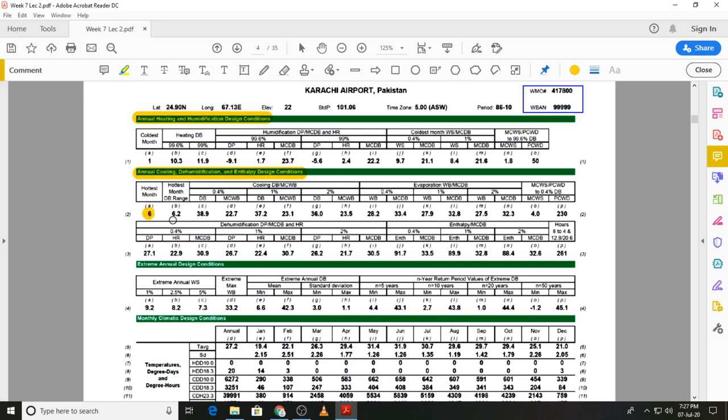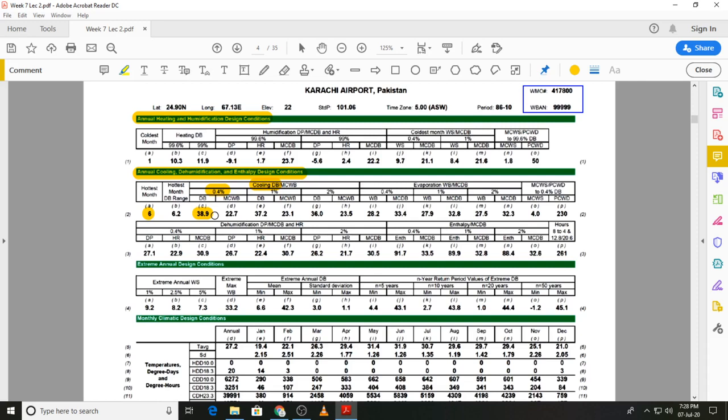6 means it's June. And when we look at the cooling dry bulb temperature, that is, if you want to set the outside design temperature at a frequency of occurrence of 0.4%, then it will be 38.9 degrees C. So if I assign a value of outside design temperature to be 38.9 degrees C, then 99.6% of the time I expect that the temperature outside will be either equal to 38.9 or below this, and your plant will be sufficient for that.